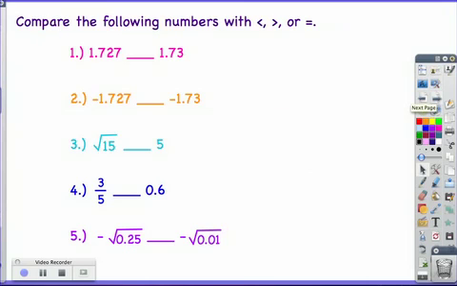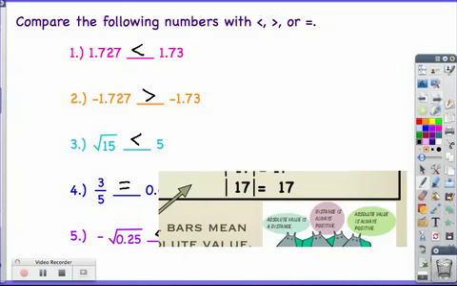Absolute value is the distance a number is from 0 on a number line. It will always be positive. The absolute value of -17 is 17 because it's only 17 spaces away from 0, regardless of which direction. Likewise, the absolute value of 17 is 17.